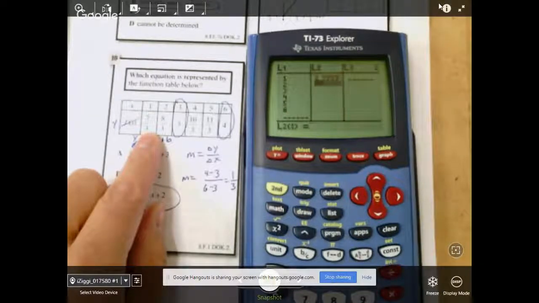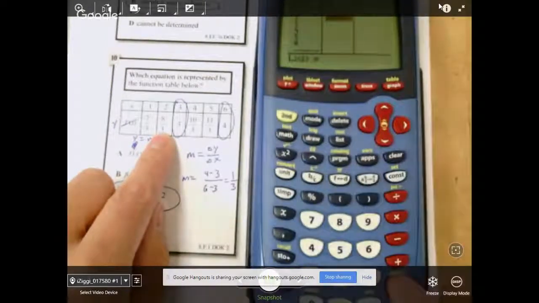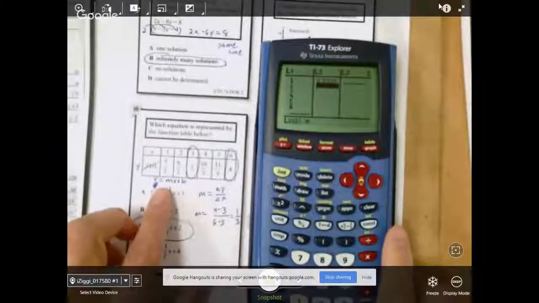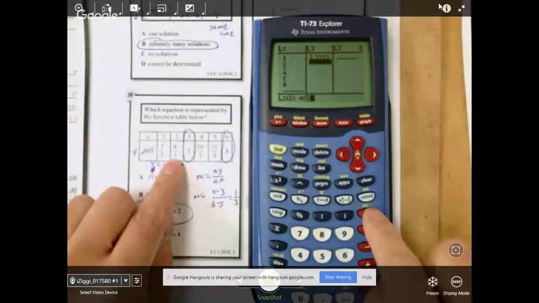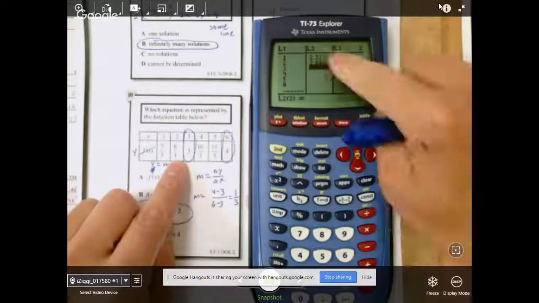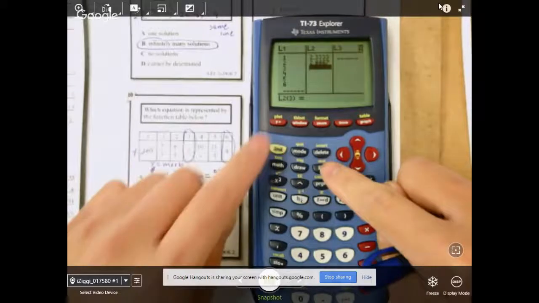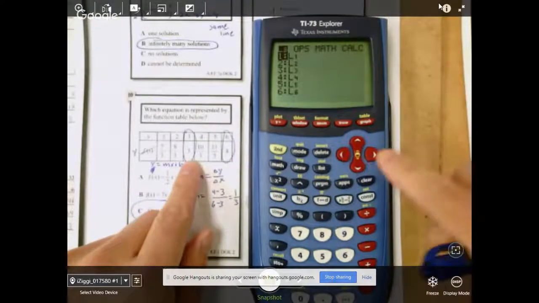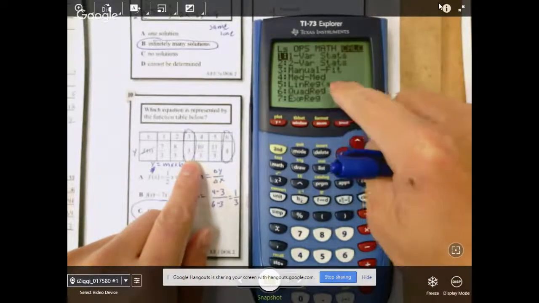So I'm just typing in 8 divided by 3, just so you can see, and it changes it to a decimal for me. But anyways, you're going to put in all the y's. I didn't put in all the y's, I just want to remind you of the keystrokes. You hit second list, go to calc, and then you hit option 5, and it'll give you that equation.